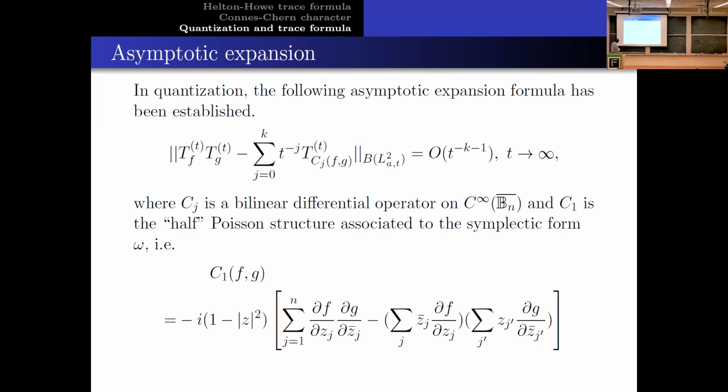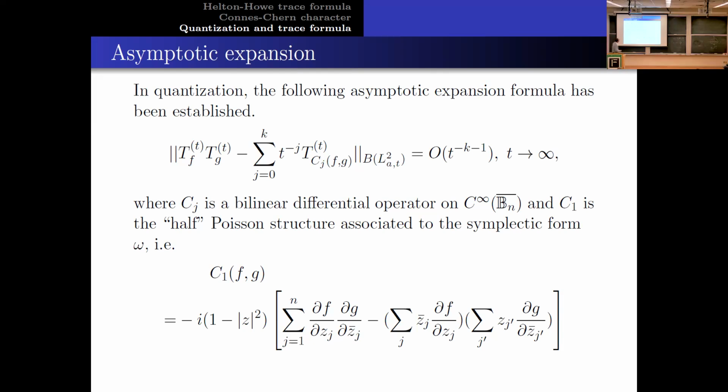So just to tell you, the first term in this asymptotic expansion is this nice symplectic or Poisson structure associated to the ball with boundary. You can also say this is the symplectic or Kähler form associated to the Bergman metric on the ball. So that's the historical study.